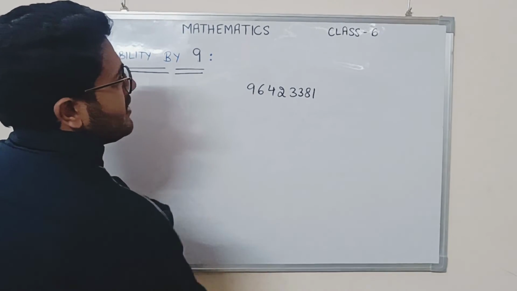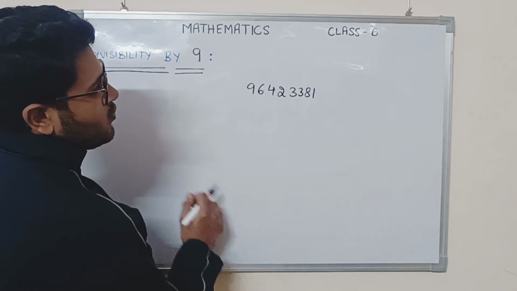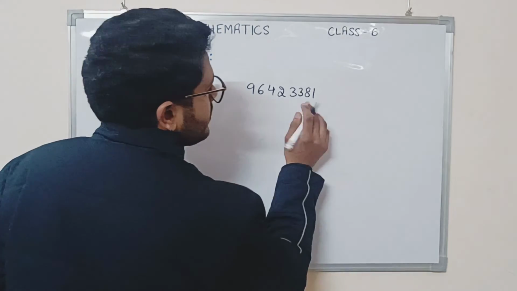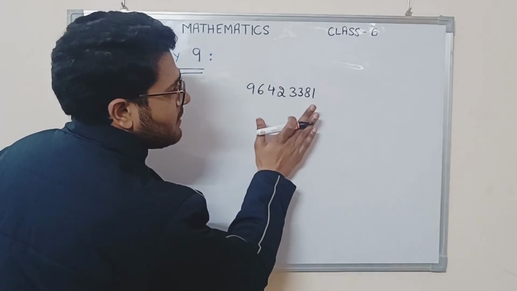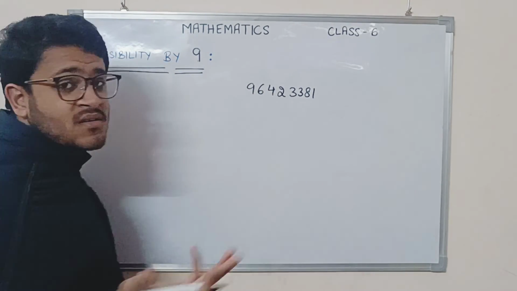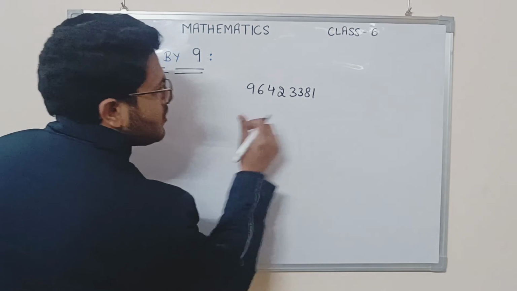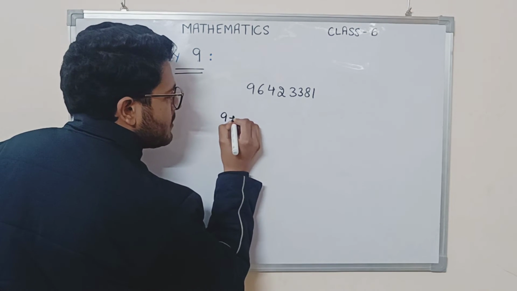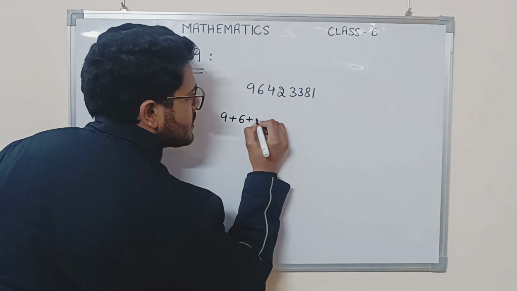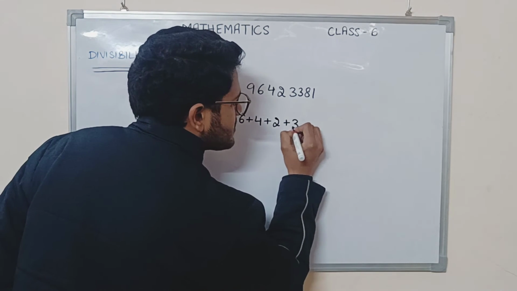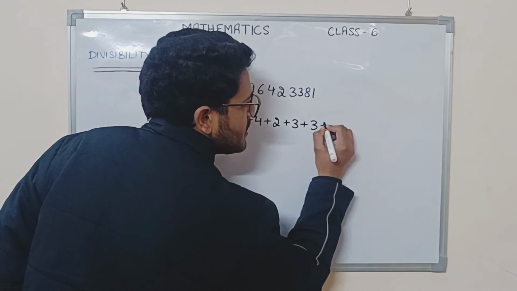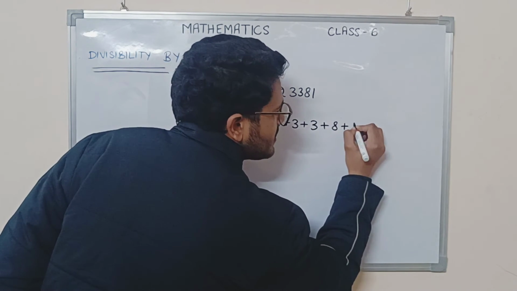Let's take one more example. Let's say the number we are given is 9642381. We need to find out whether this number is divisible by 9 or not. So step 1 is we will add all these digits. It will be 9 plus 6 plus 4 plus 2 plus 3 plus 3 plus 8 plus 1.